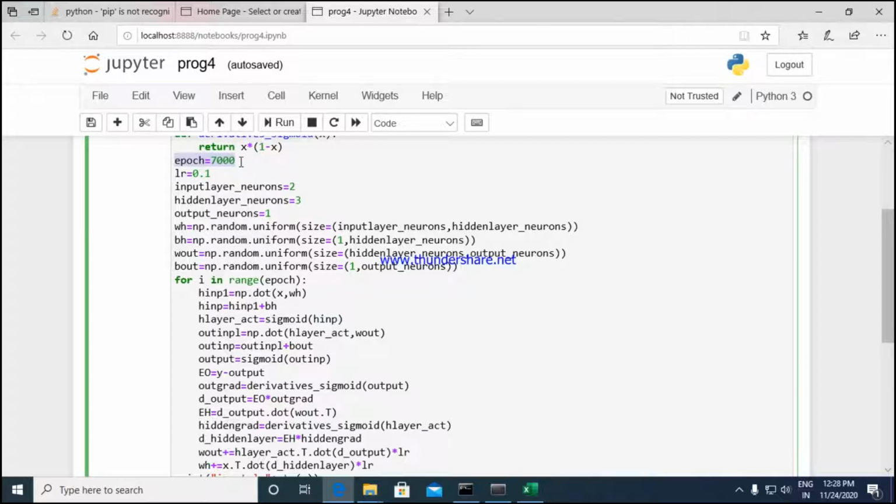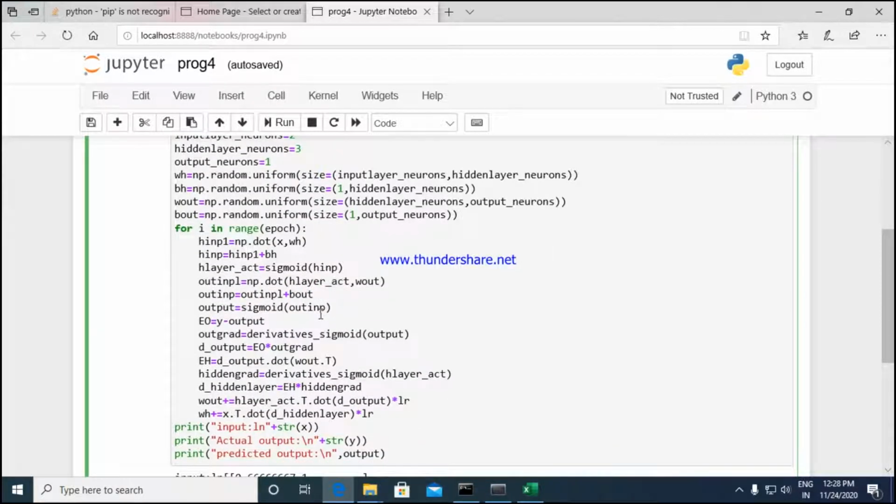Hence, I have initialized the value of epoch to 7000, and this entire process will be repeated 7000 times, until the values of the weights get rectified almost fully, that is, the weights become almost accurate.